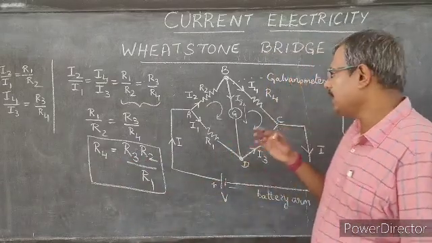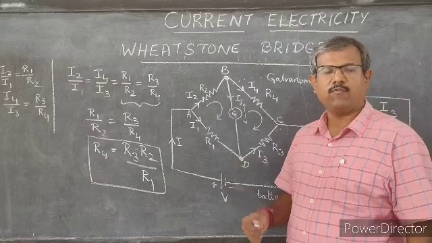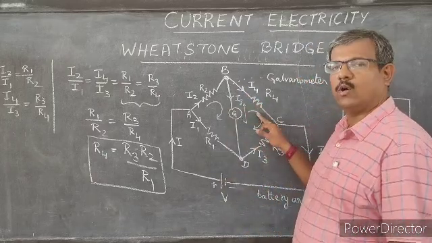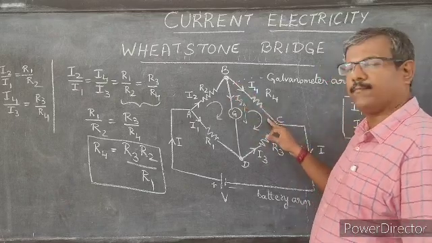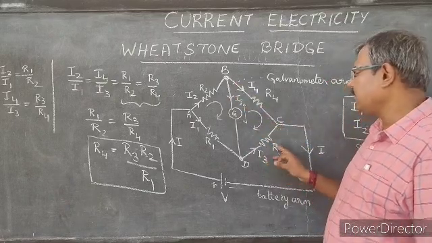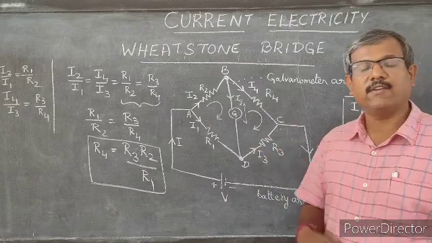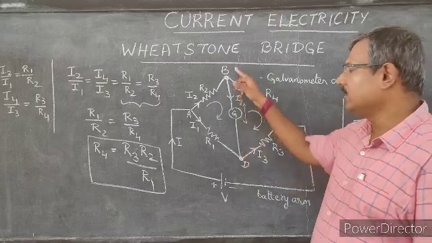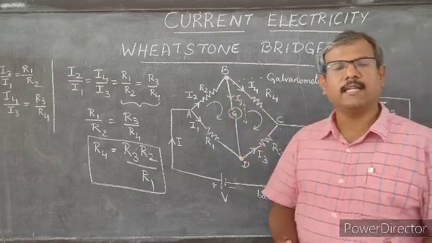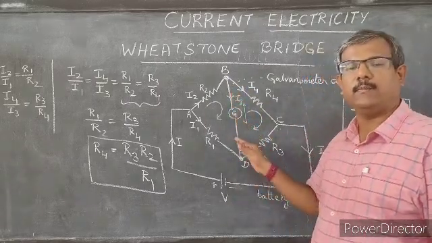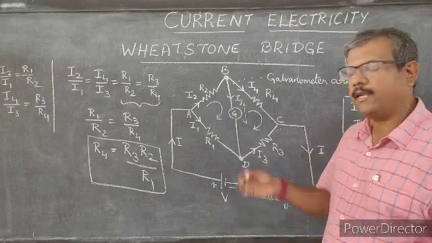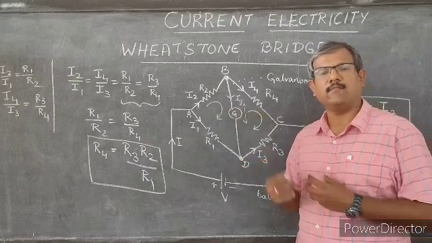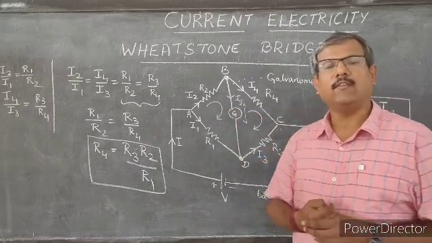So whenever I have four resistances of which one is unknown, I can connect it over the arm BC, and then I can keep one of these resistors as a variable resistor and go on varying it till I achieve the balance condition. What is the balance condition? The current through the galvanometer arm is 0, and I will get to know that it becomes 0 because the attached galvanometer will show null deflection.